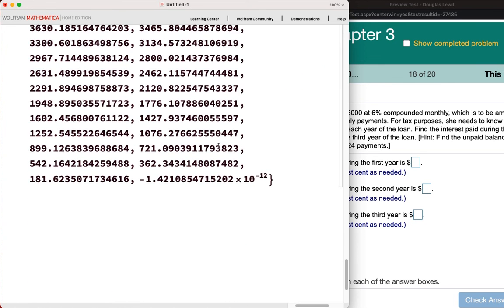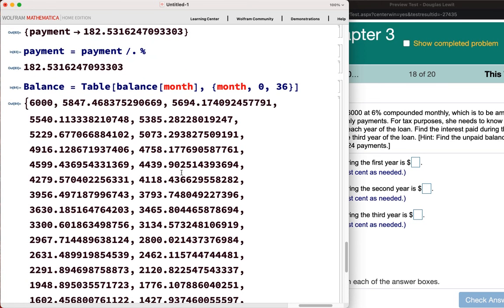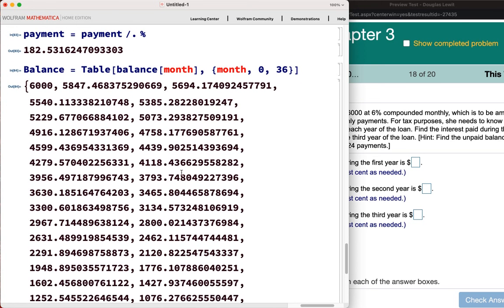So now we want to do portion to principal. In order to do that, we're going to take this number minus this number, minus this number, minus that number, etc. So how do you figure that out?